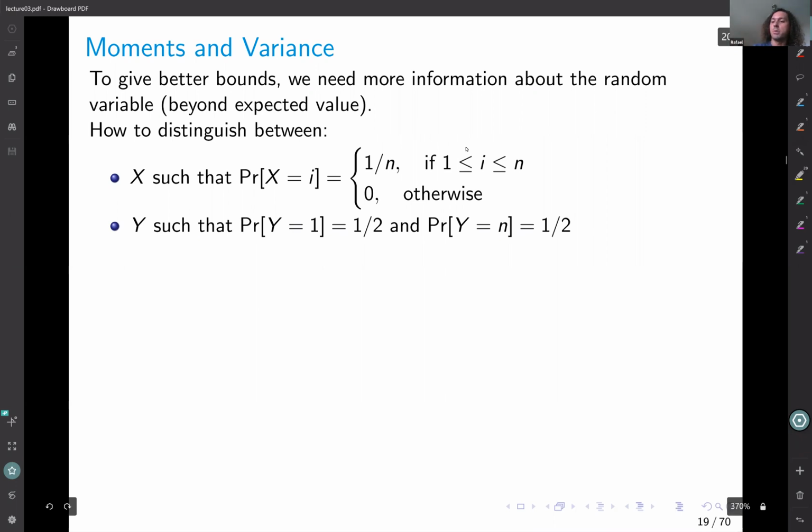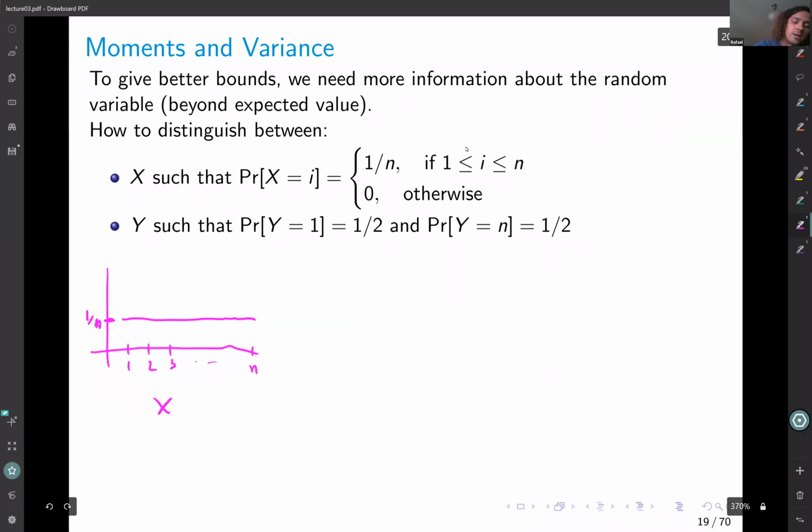So if we draw those pictures of those random variables, for X we have the values 1, 2, 3, all the way up to n. What will X be? I have 1 over n here, so X is going to look something like this.